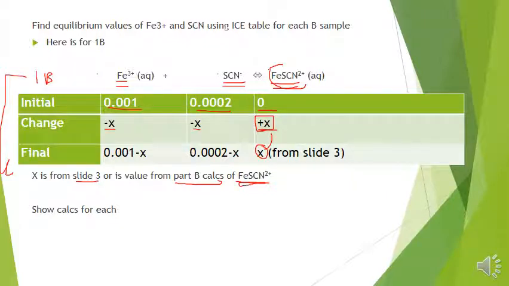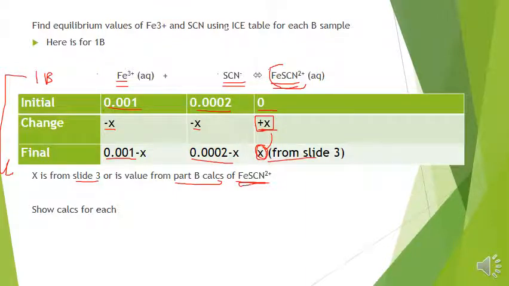So take minus x off of each one of these. Whatever value you get here, you subtract from the 0.0002 and the 0.001, and show the calculations for all 5, 1B through 5B. And so you'll have the equilibrium concentration of iron, the SCN, and your product.